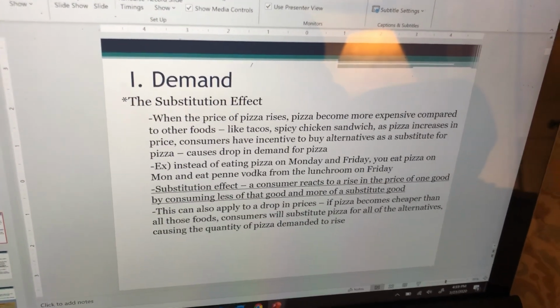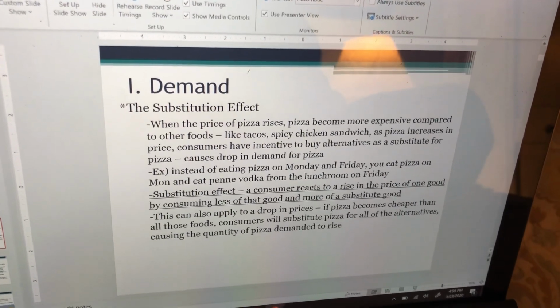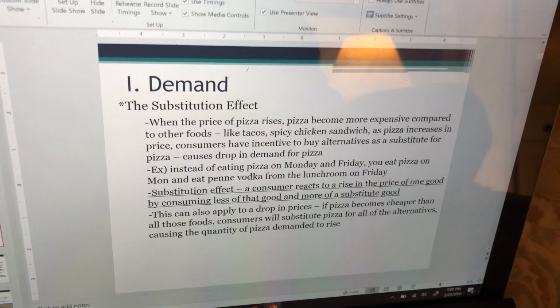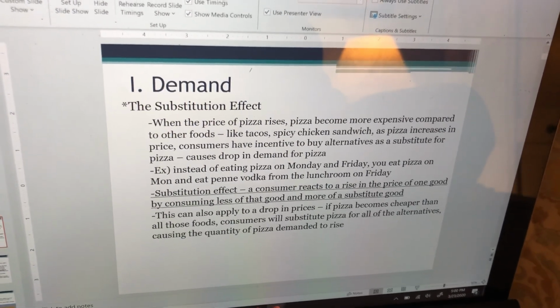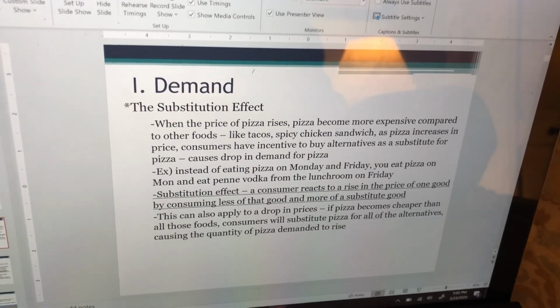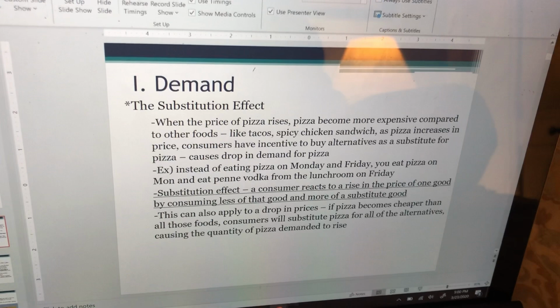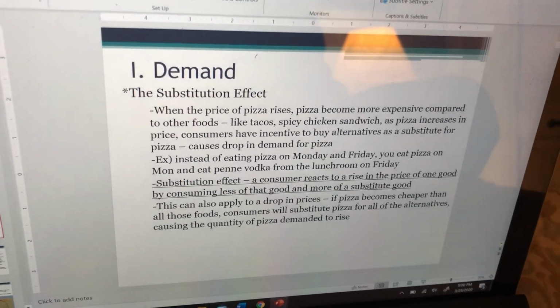Okay, so one of the other things we want to look at today is called the substitution effect. If an item is able to be substituted, that has an effect on demand. Say we were back at the NDA cafeteria, which I bet most of us would love to be back there right now, and say pizza was available every day for lunch.